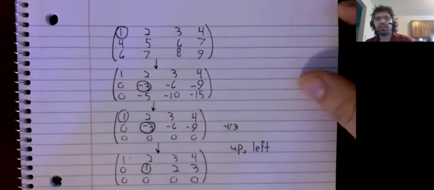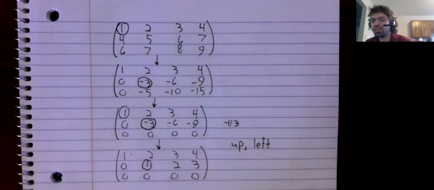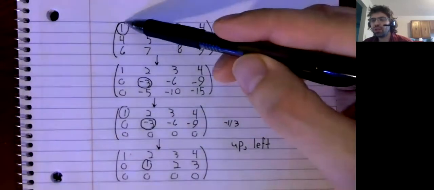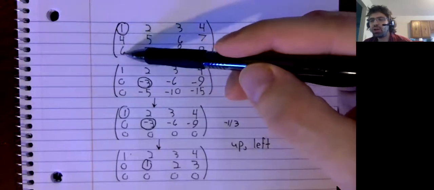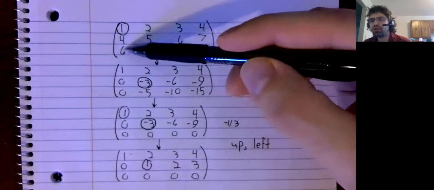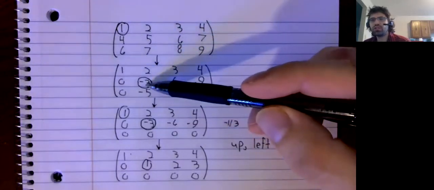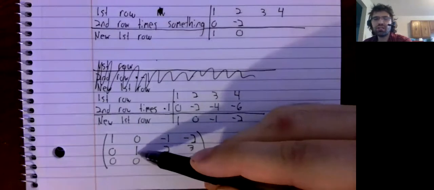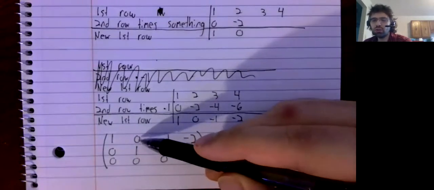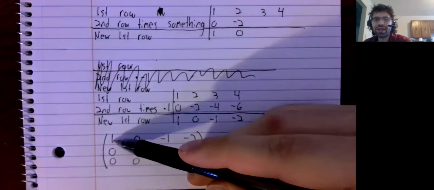Referring back to this part of the process, when we did the Gaussian elimination, we started with the upper left entry, made everything below it equal to 0, and then moved down and to the right. Everything above this leading entry is 0, so we're done with it. We move up and to the left.